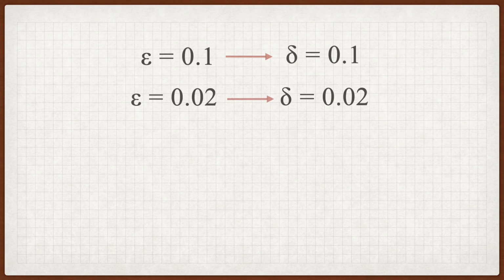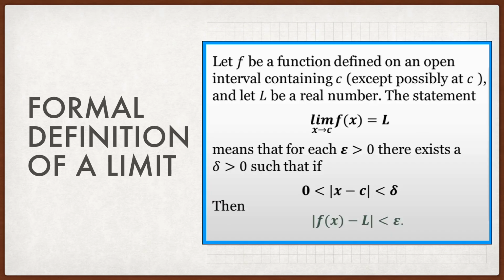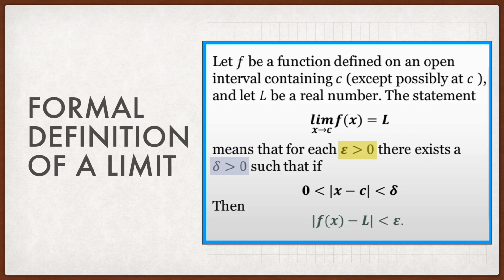If epsilon equals 0.02, delta equals 0.02, etc. So that means no matter what epsilon you give me, I can find a delta such that if our x values are within delta of our c value, then our function values will be within epsilon of our limit. Now let's look at another example.